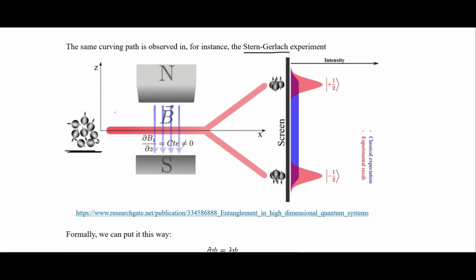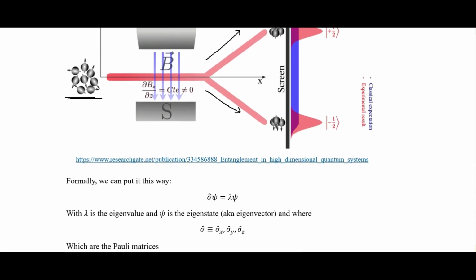You send it through an inhomogeneous magnetic field, and there's a 50% probability that the particle will veer up as if it's spinning, or veer down as if it's spinning in the other direction. That's why they call it spin: when you put it through this magnetic field, it's almost like it's putting a spin on it and causing it to veer in one direction or the other.